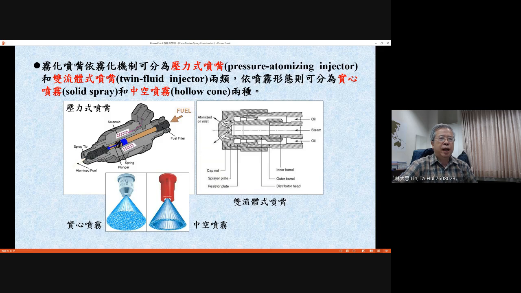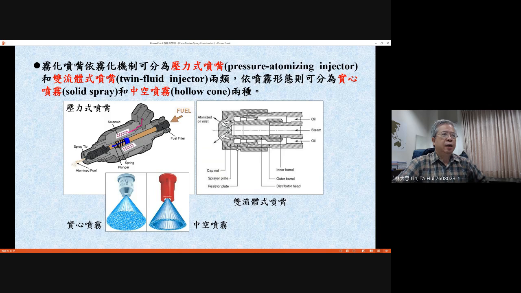Actually, they have interactions before they go out, and this kind of mixing or interaction will push your liquid out as a mist. This is one of the typical twin fluid injectors, and they mix together in the interior of the injector. That means we call this some kind of inner mixing. Later on, I will explain some of the different applications for you from the lecture notes.